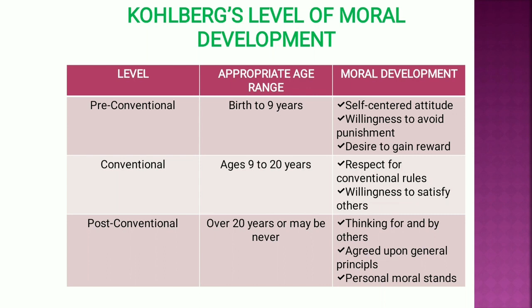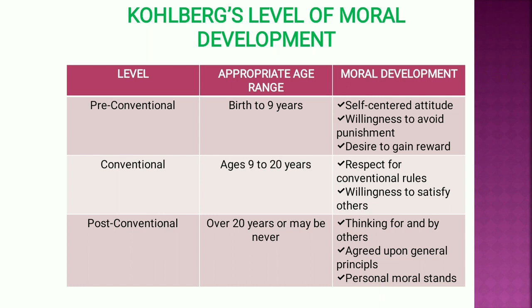They have the willingness to avoid punishment. Children normally don't like to be punished. They have a desire to gain some reward, some gift, appreciation or prizes. So this is the moral development in the pre-conventional level.